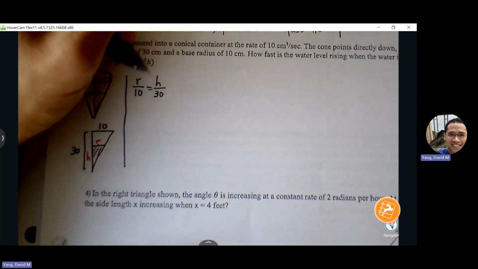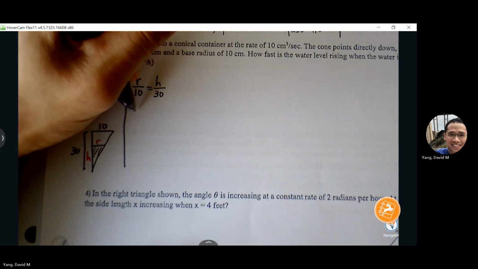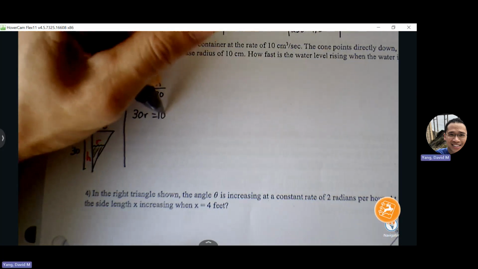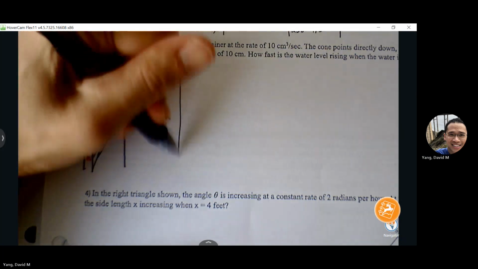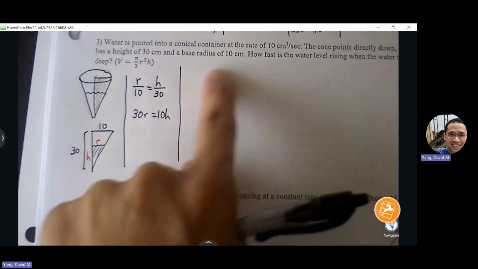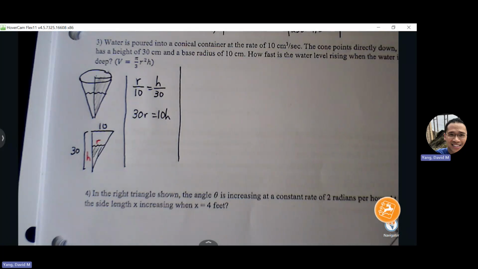So if I cross multiply, I get 30r is equal to 10h. Now we're going to pause here because we don't know whether to solve for r or solve for h. Either one can work, it's just one way is going to be a little more efficient than the other. So we want to use context clues to decide which is the variable that we have information about and which one will make things go a little faster.